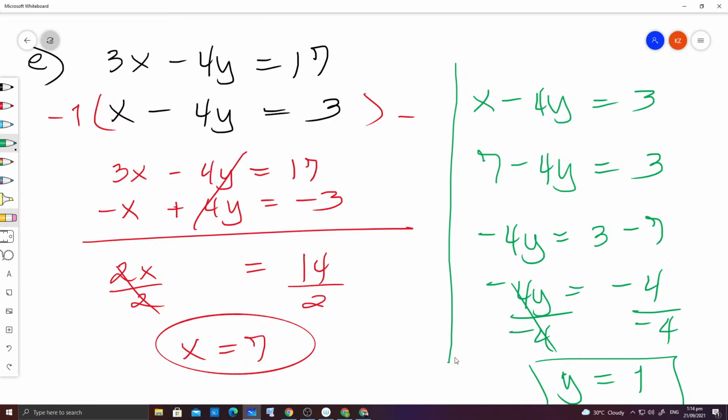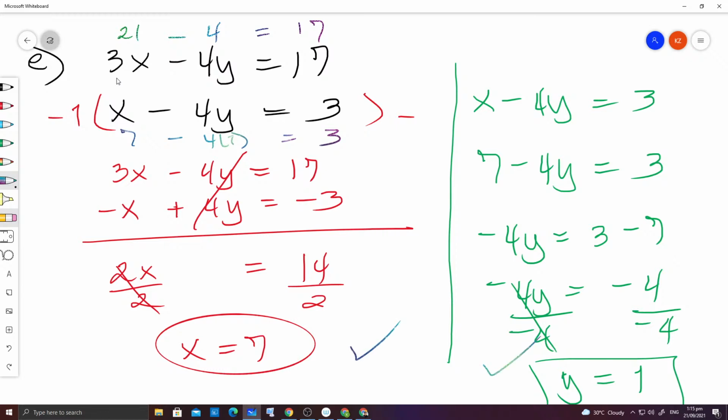To check, 3 times 7 is 21, 21 minus 4 is equal to 17. And then 7 minus 4 times 1 is 3. So our answers are correct.